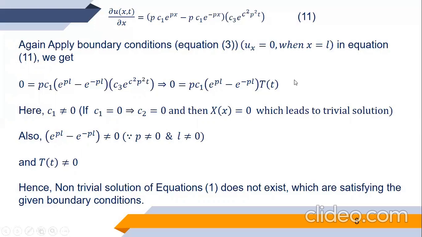So therefore, all terms are not equal to 0, but the right hand side of the equation is 0. Therefore, we can say the non-trivial solution of equation 1, that means the one dimension heat equation, does not exist which satisfies the given boundary condition.